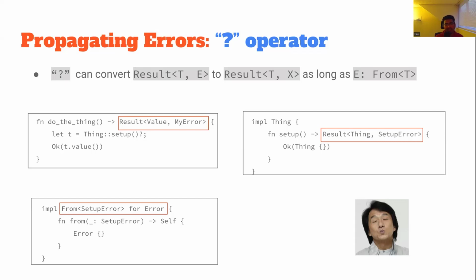So in this case, the error X can be converted into E because it implements the From trait from T. So this is a small example to show you why this question mark works, because it has an implementation of the From trait. Now we are good.